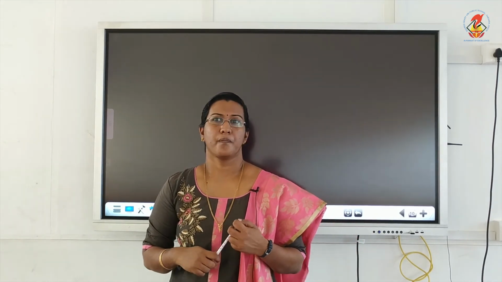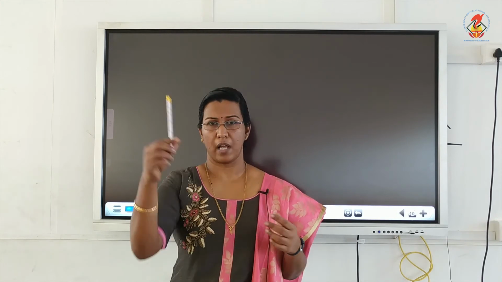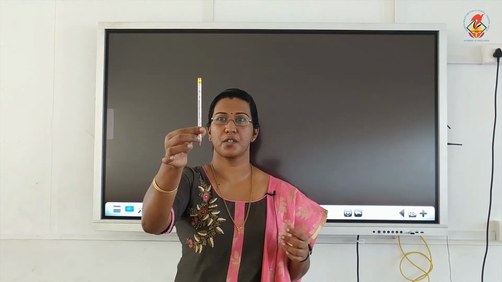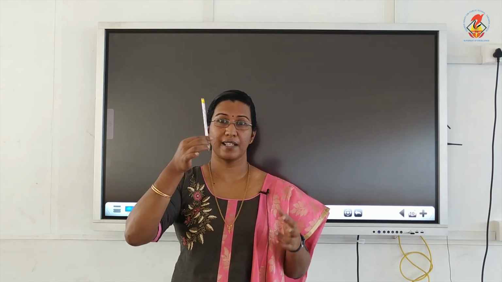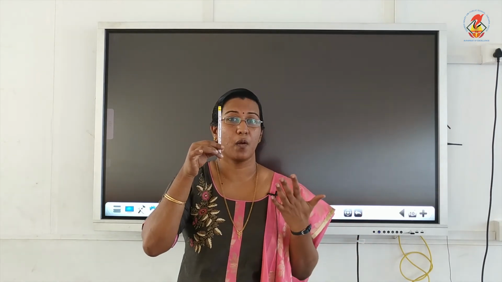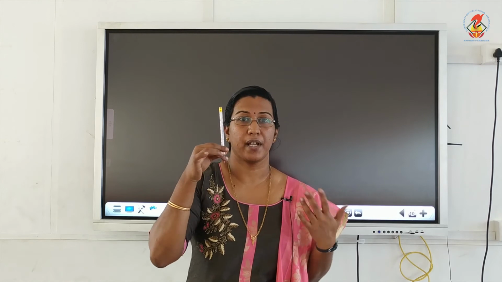Now, imagine you have a pen and you are bringing the pen closer to your eyes. As the pen comes closer, you can feel the size of the object increasing. But after a minimum distance from your eye, the image of the pen seems to get blurred, isn't it?